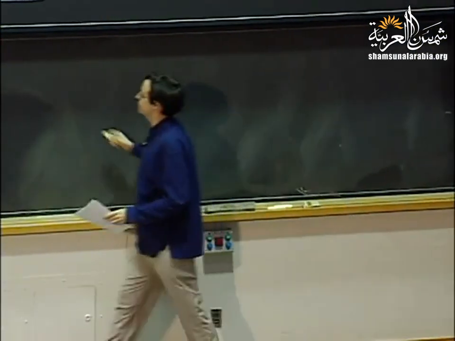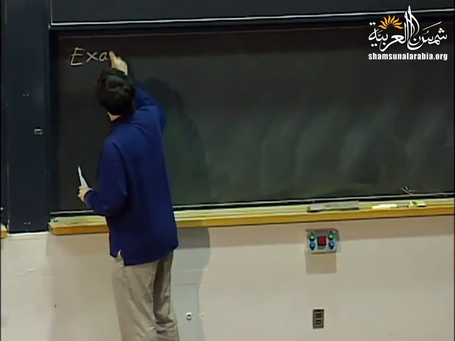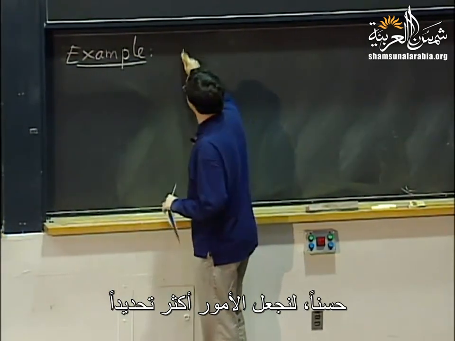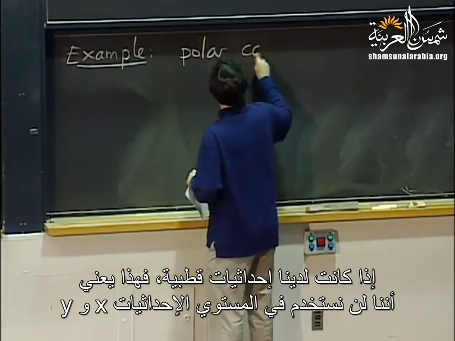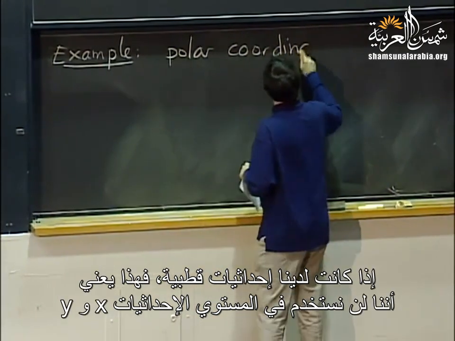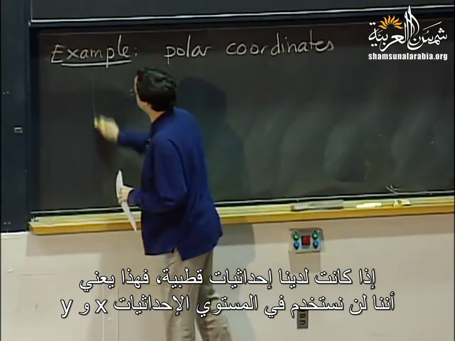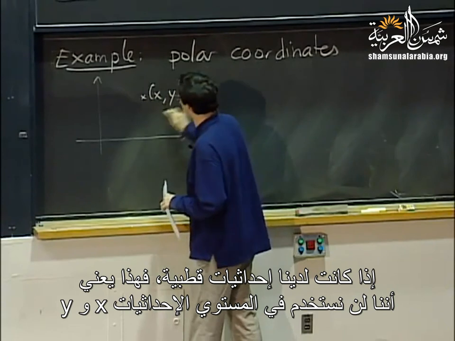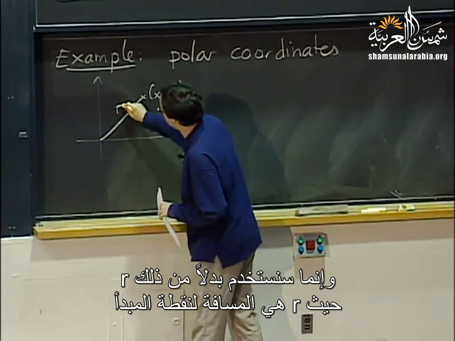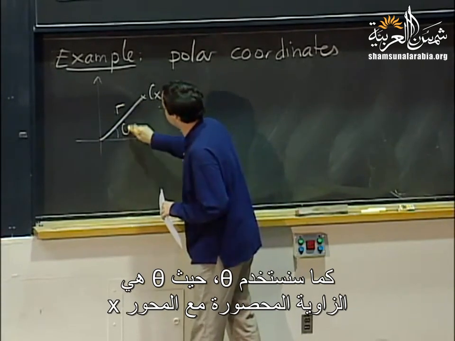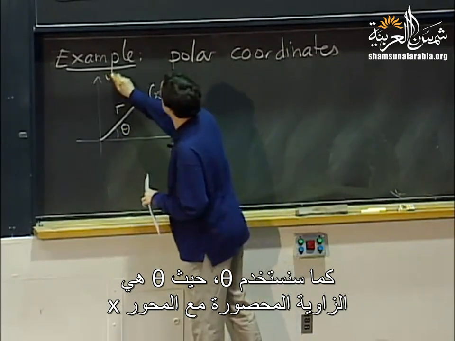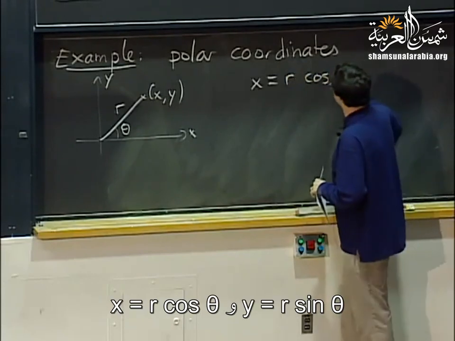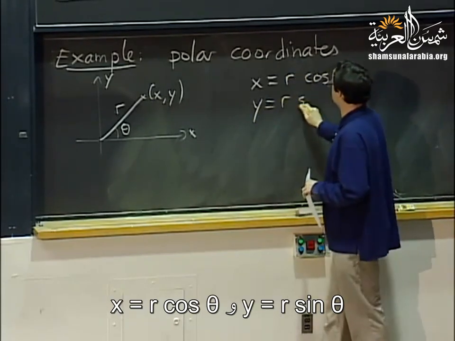So just to make things a little bit more concrete, if you have polar coordinates, that means that, in the plane, instead of using coordinates x and y, you will use coordinates r, distance to the origin, and theta, the angle from the x-axis. So the change of variables for that is x equals r cosine theta, and y equals r sine theta.